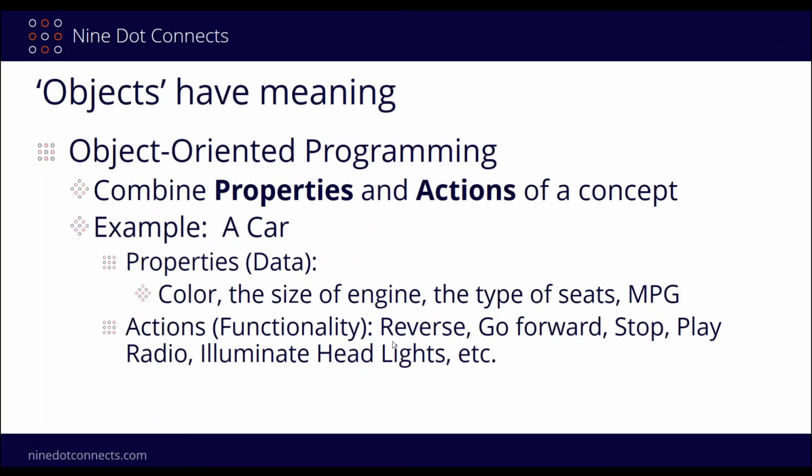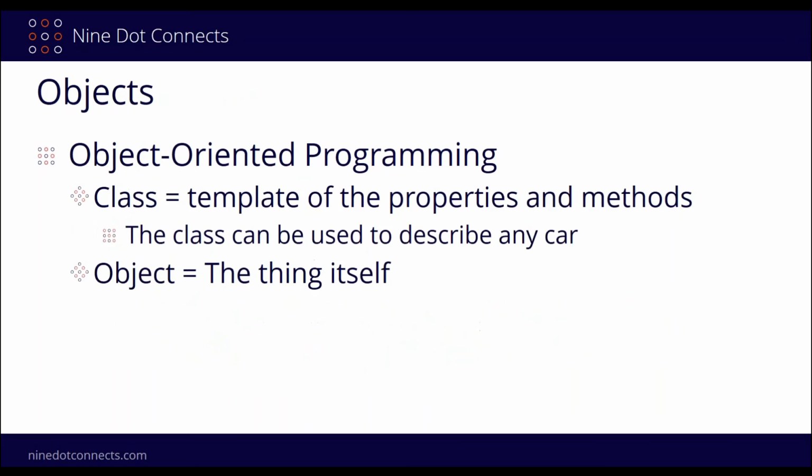So what happens when I need to go reverse, or go forward, or stop, and so on and so forth. And that's what I would define. But then the object is the thing itself. So let's say, for instance, I created this class called car. And now later on in my program, I want to have something that's very specific to a car.